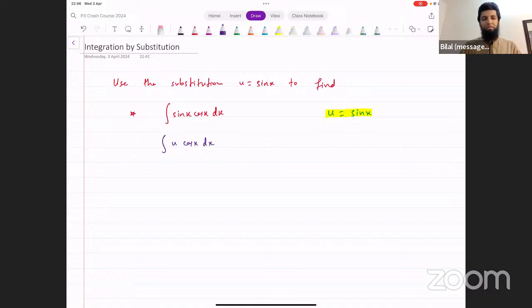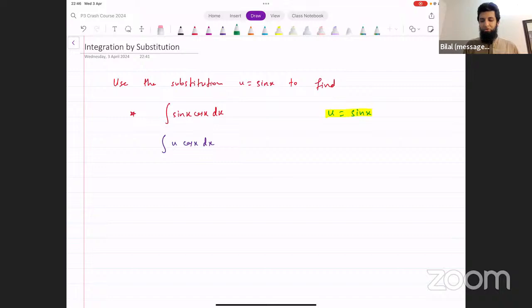But the problem is, this is actually even more complicated than before, because now we've got two different variables. We have u and we have x here. The idea is we want to convert everything in terms of the other variable. So initially we have everything in terms of x.